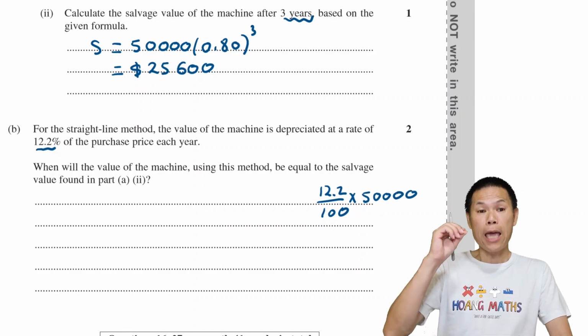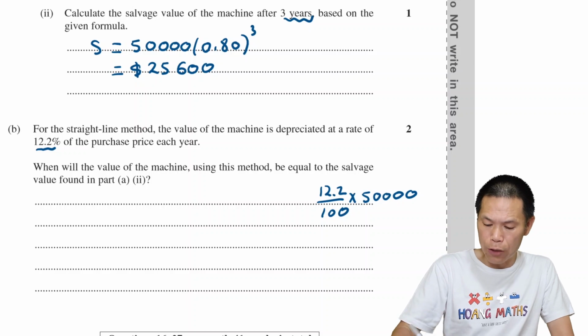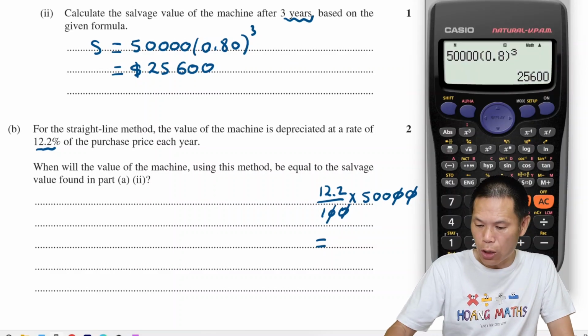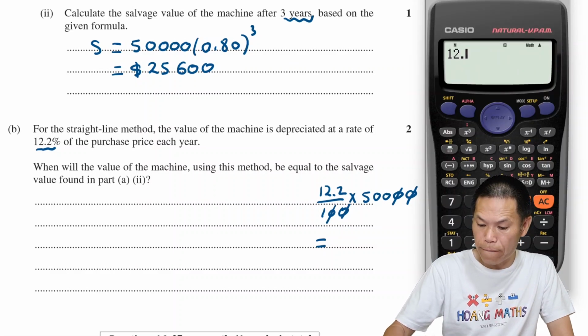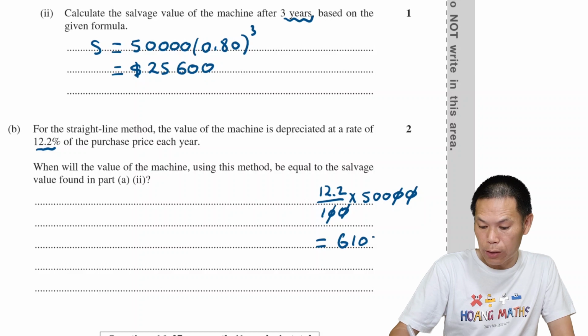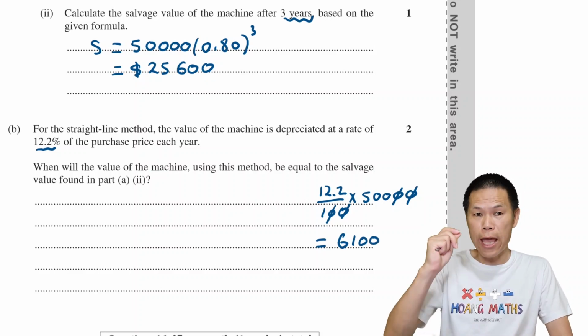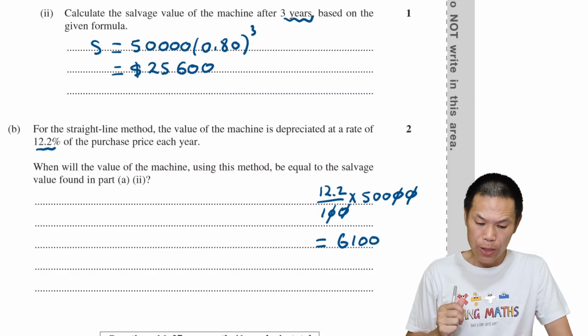So that means every year it reduces by the same amount. So let me just work this out first. 12.2% times 50,000 gives 6,100. So this means that it reduces 6,100 every year.